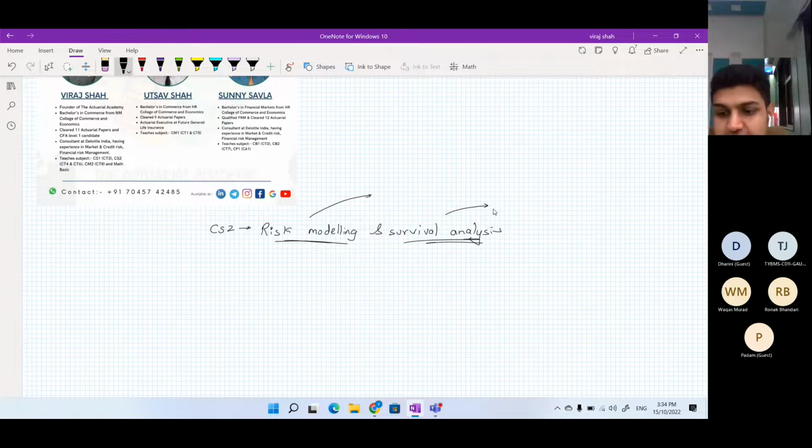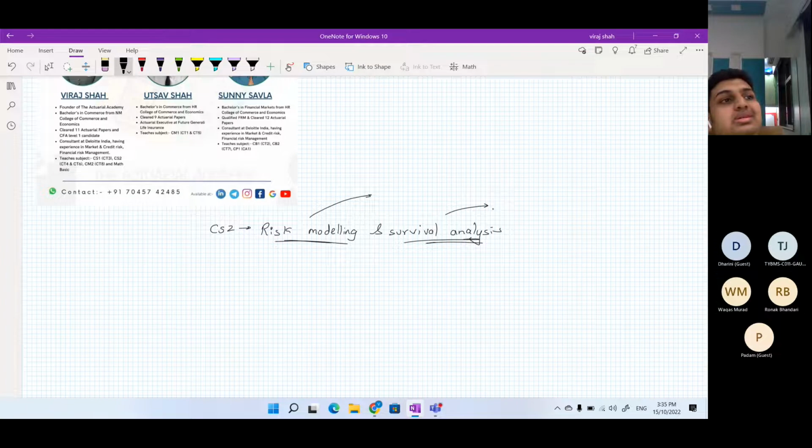In your CT5 or your CM1, you would have undertaken analysis around premium calculation and reserving calculation, and you would be estimating your results through mortality. But how does this mortality come into existence?